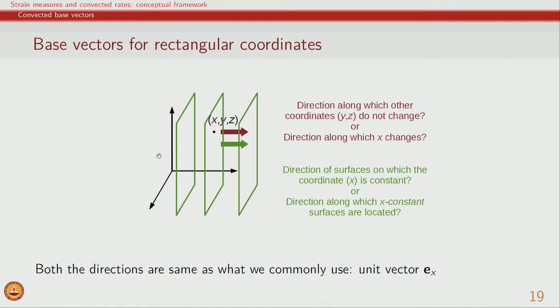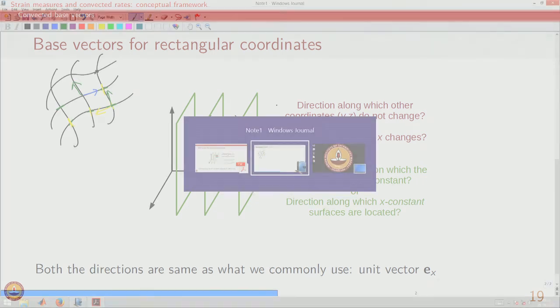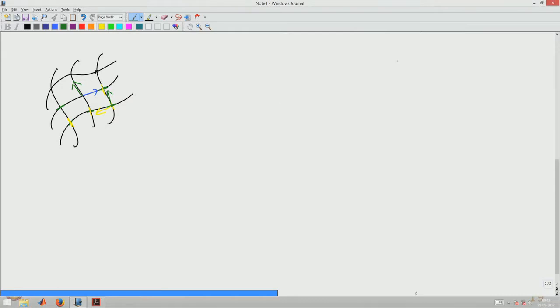You can see that to see the x constant surfaces, one has to again go in this direction, or each of these planes can be specified using a unit normal, and the unit normal is given by the green arrow. So, what we are saying is, in the case of a rectangular coordinate system, given that these are all the planes which specify constant x, the unit normals in all these cases will specify the base vector.